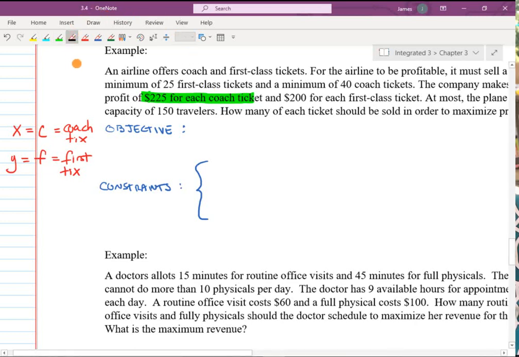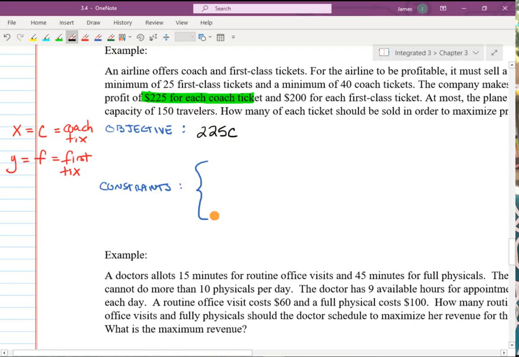So if I sell one coach ticket, I make $225, right? If I sell two coach tickets, I make $250, correct? Or sorry, $450. So I double that. So my objective function is going to incorporate $225 for every coach ticket that I sell.